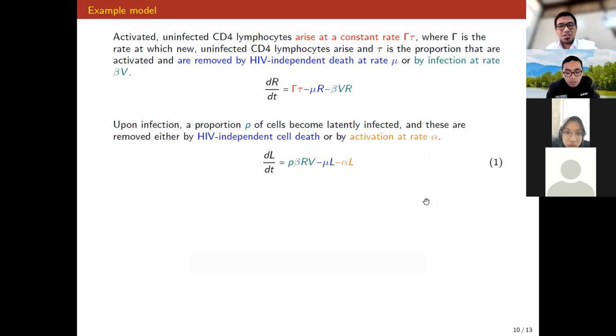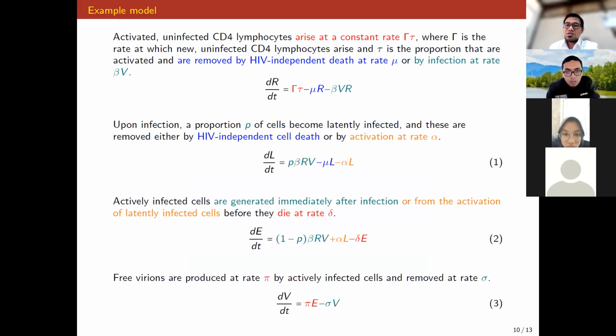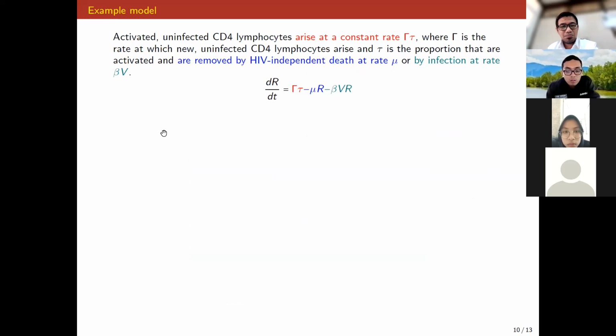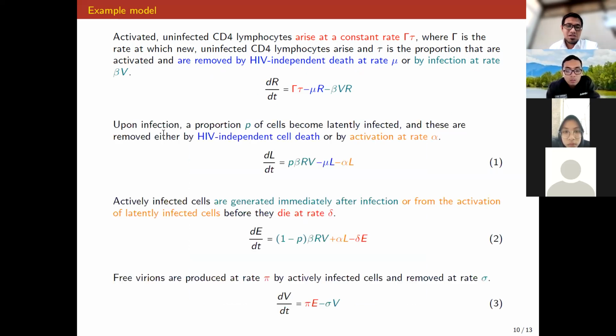So maybe this is just a quick explanation, a quick review of the mathematical model in the paper. The author is Phillips. Okay, so Phillips in the paper generates 4 equations, 4 differential equations in mathematics, to explain the HIV reductions in the concentrations.